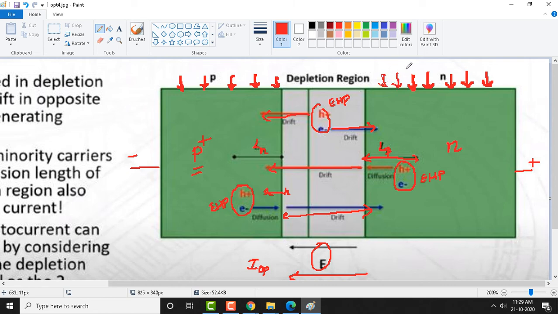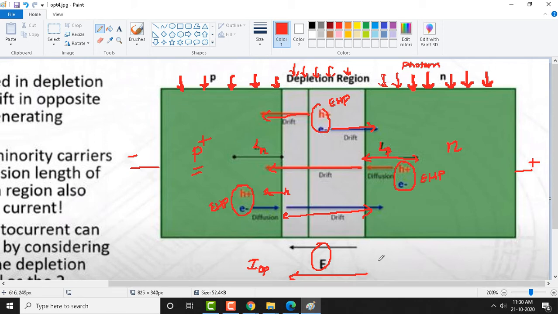These are all photons, and even here also. So, photons are made to fall on the depletion region. Now you can see that all together leads the holes to move from N to P plus region. So, this current, let me call it the optical generation current, flows from N to P here.